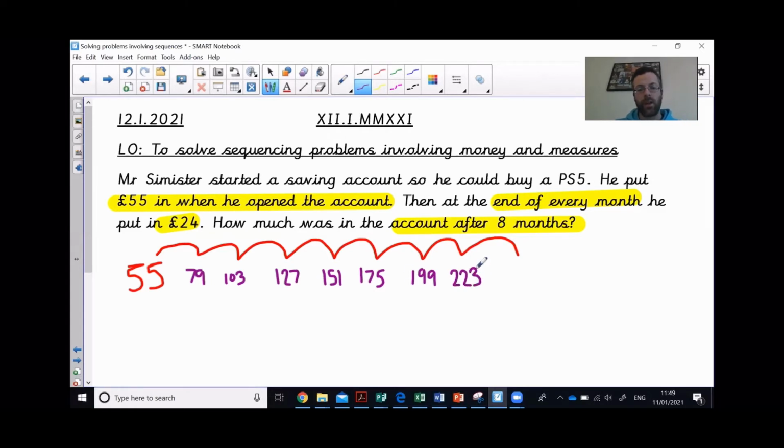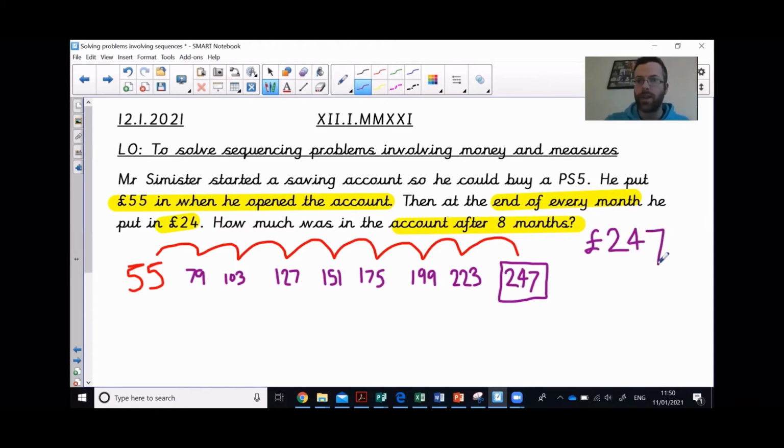And then finally, add another 24, so 247. Now at this point, it is sensible to check that I've worked that out correctly. I think my answer, and I will check it in another way in a minute, is £247.